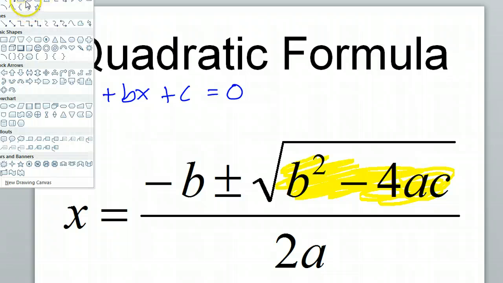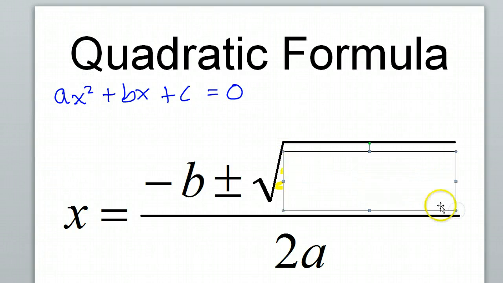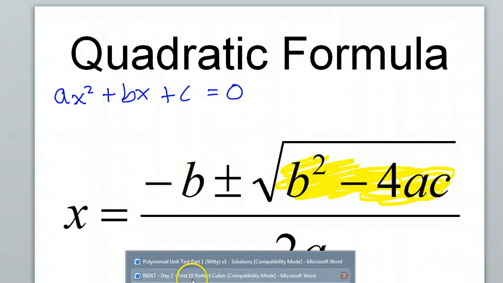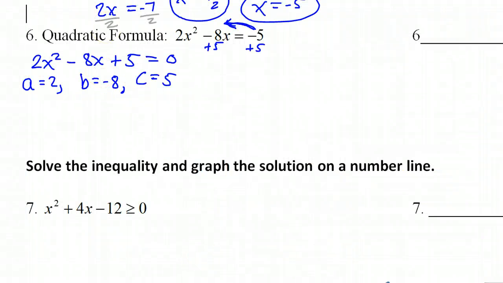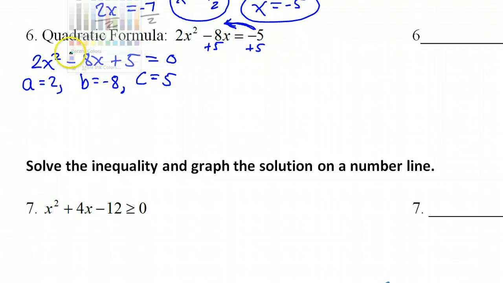It probably would have been easier to do something like this. Bam. That would temporarily block it out. But anyway, you get it. b squared minus 4ac. Do that part first. That's the discriminant.